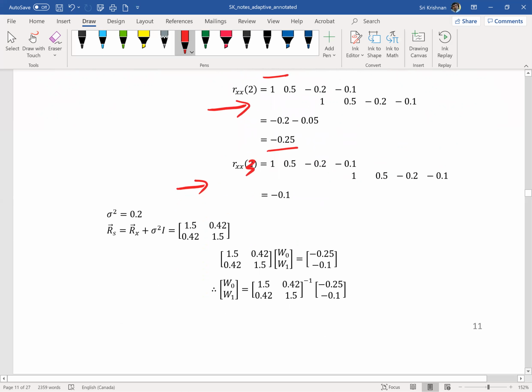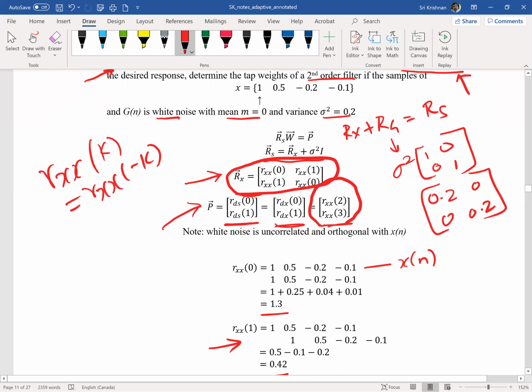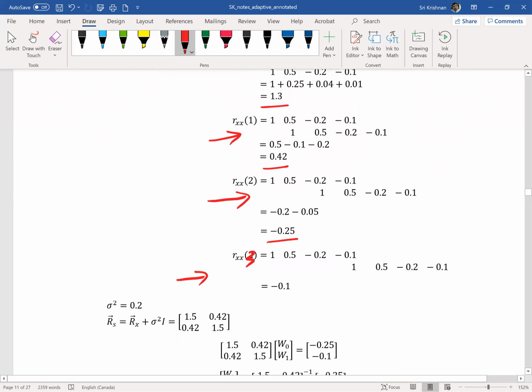So the matrices we talked about, this is the R matrix, which was made up of RXX plus the variance. If you go back to what we started with, this RS matrix essentially is RXX plus the RG, which is nothing but the autocorrelation of the white noise.